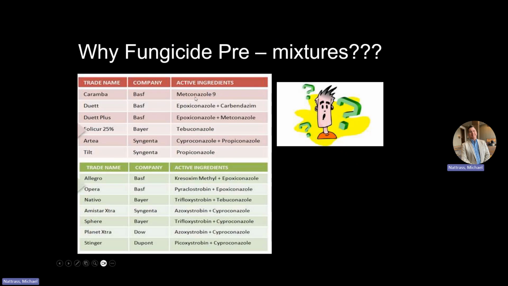We've got premixes, where we might have more than one mode of action in the same compound, whether that be a dry flowable or a liquid fungicide. They've got different modes of action and different chemical classes in there that kind of cover all of your bases just in case. And it might be that they protect against more than one particular fungi.